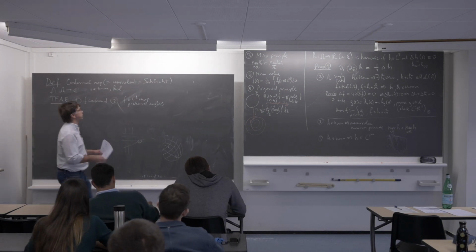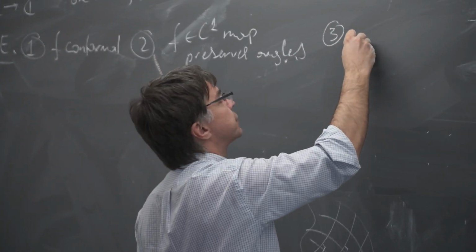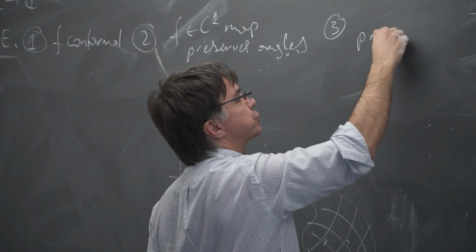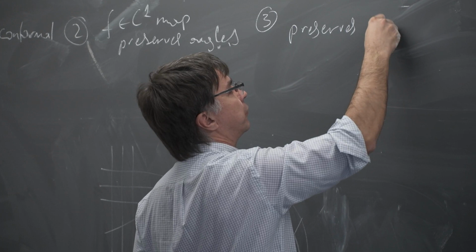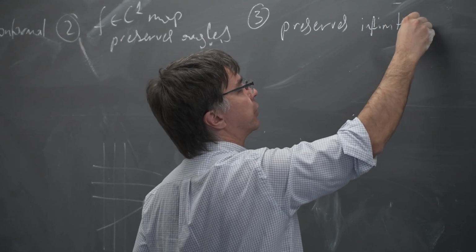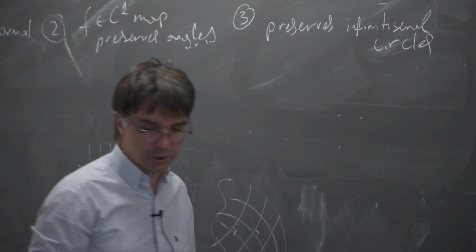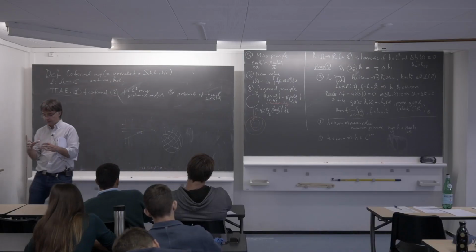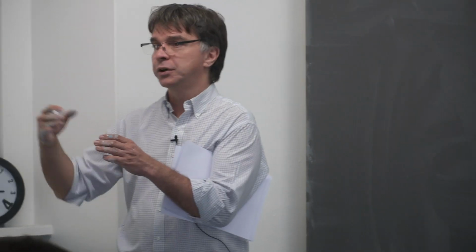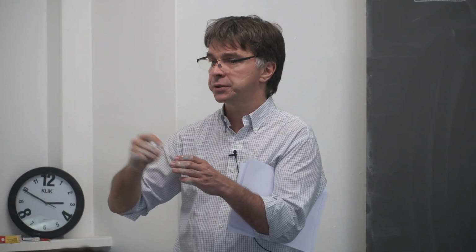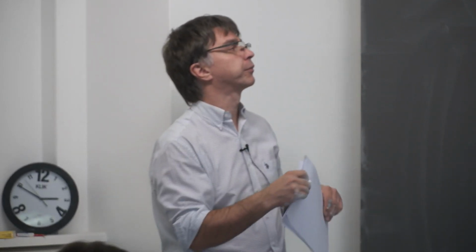Sometimes people say that it preserves not just angles, but infinitesimal circles. What that means is that if I take a circle of small radius delta, then the image is a circle of some radius, up to delta squared perturbations. So it's not an ellipse, it's indeed a round thing.